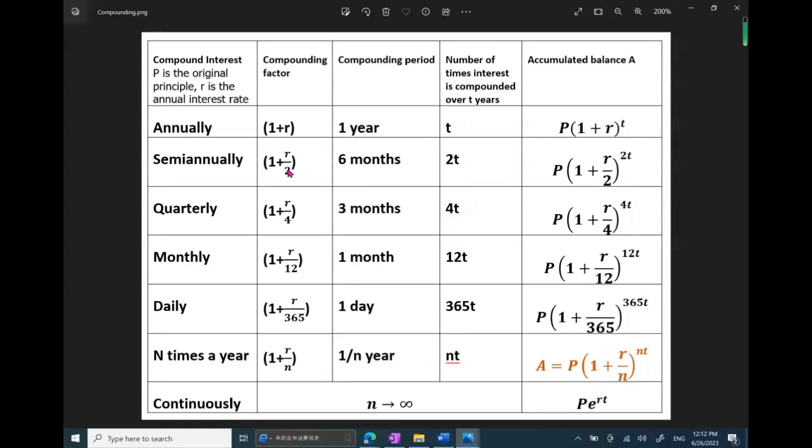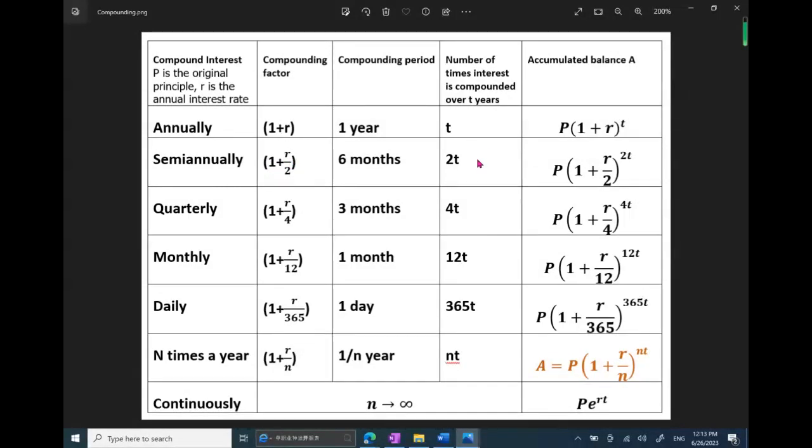You can understand that as your chicken's productivity. If you make your chicken lay eggs more often, then the chicken's productivity will be lowered, right? So in the case where interest is compounded semi-annually, your compounding factor is 1 plus semi-annual interest rate.